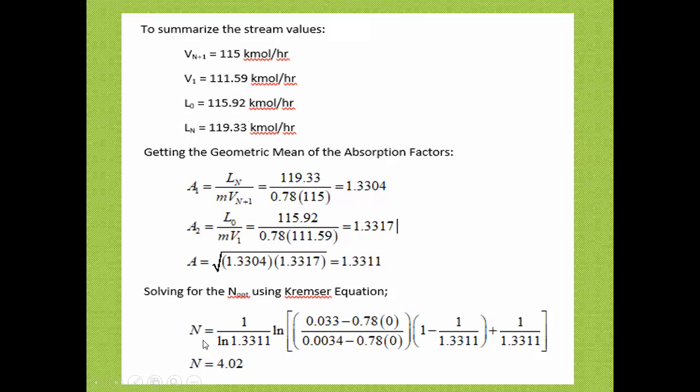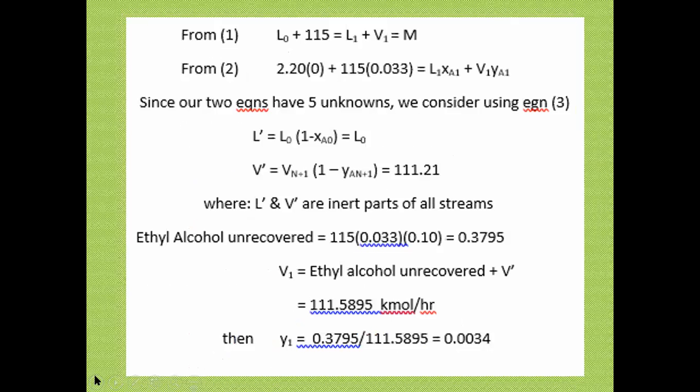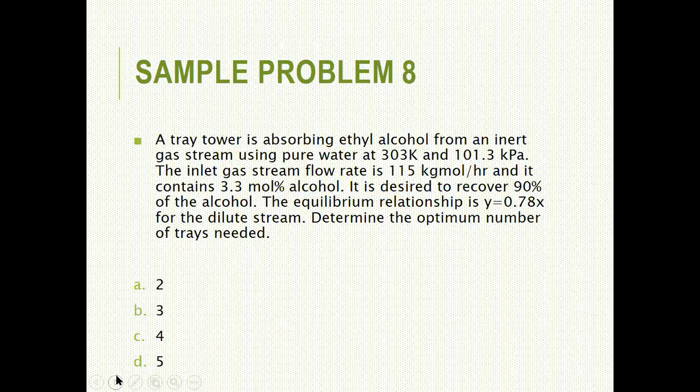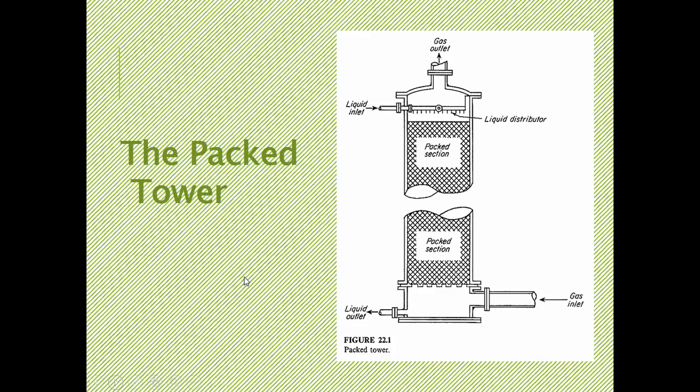So this now represents the optimum number of stages. So this is for our sample problem number 8, showing to you how to determine the optimum number of trays needed for a tray tower, or specifically for a tray absorption tower. Okay, so now we go to the pack tower.